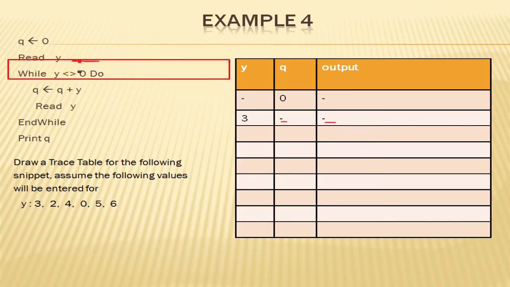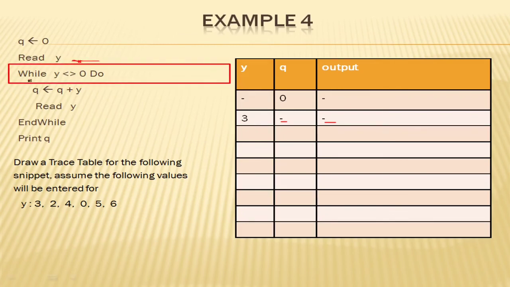The next line says, while y is not equal to 0, we're going to do this body here. How do I know that this is where I'm supposed to stop? Because this is the body of the while loop.